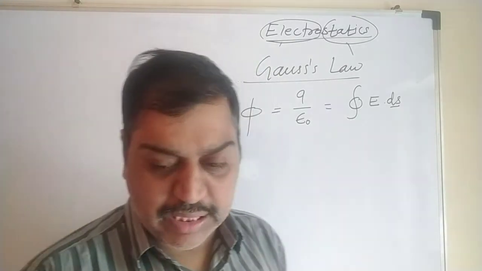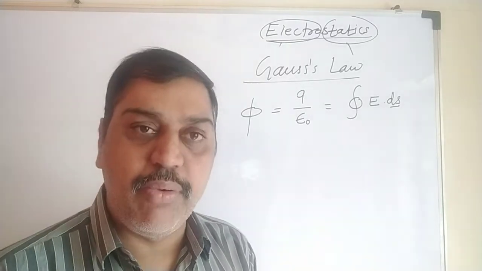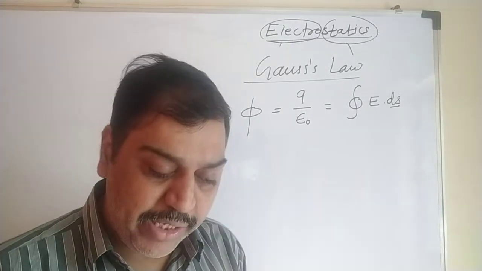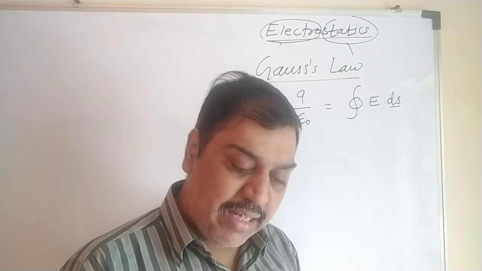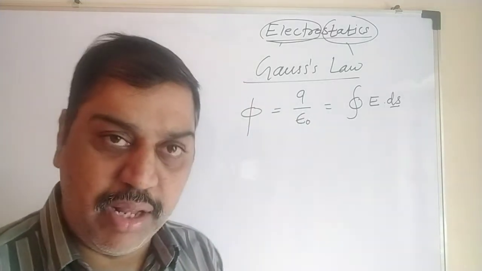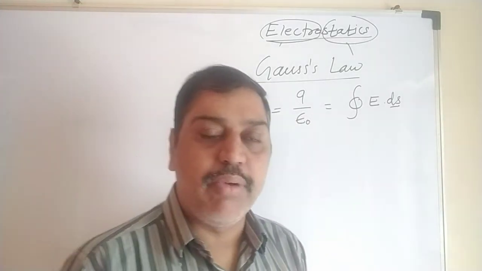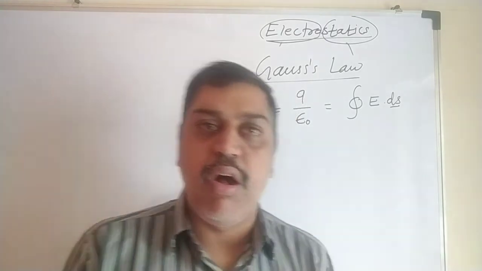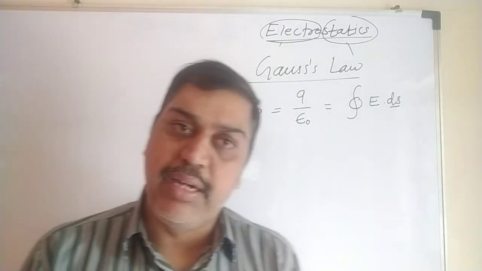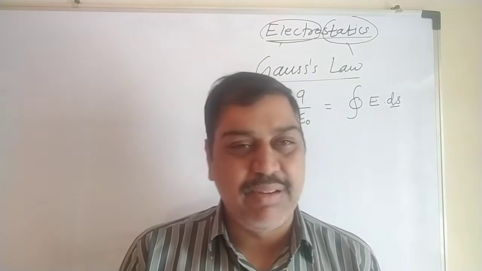Now let's go further. At the start of this chapter, we have to learn the applications of Gauss law. In your book this year they have given 3 applications of Gauss law. All 3 applications we will complete today. It's very simple to find out.